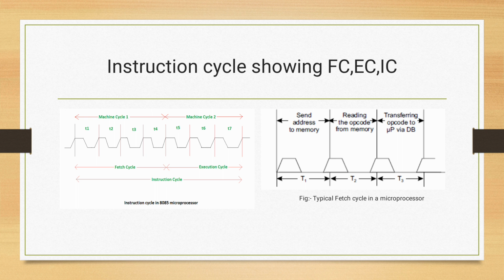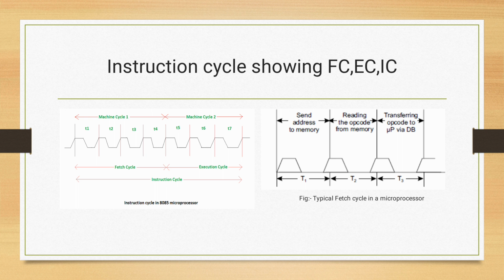If we carefully observe this flow diagram, we can conclude that two machine cycles are given. One is machine cycle 1, another one is machine cycle 2. Machine cycle 1 constitutes 4 T states, T1, T2, T3 and T4, and similarly machine cycle 2 constitutes 3 T states, T5, T6 and T7.